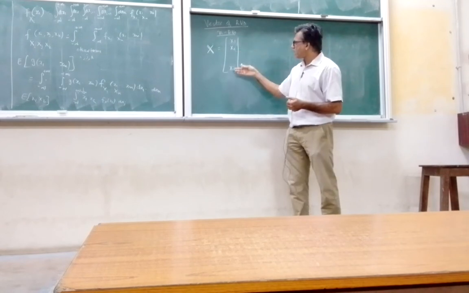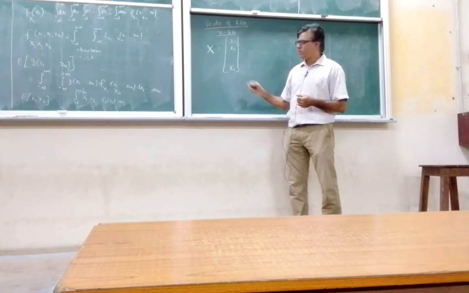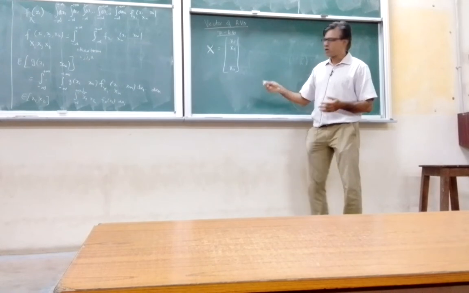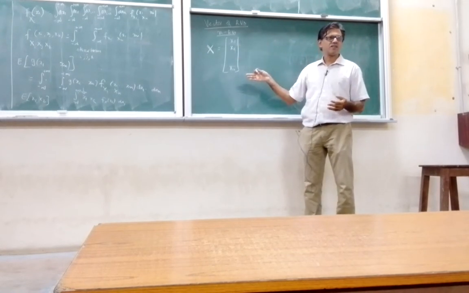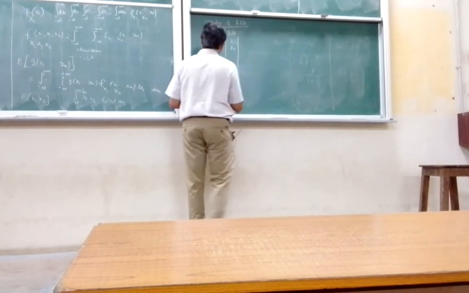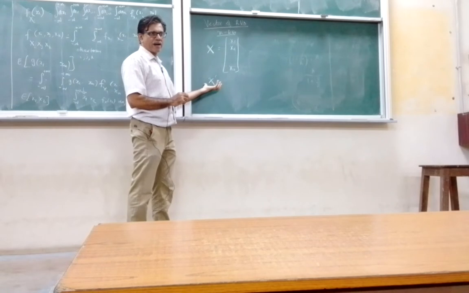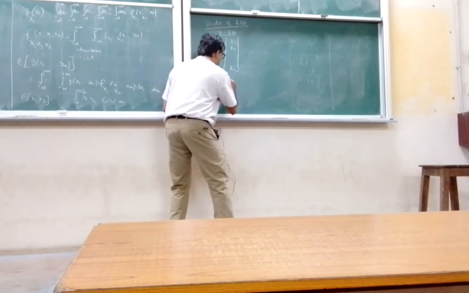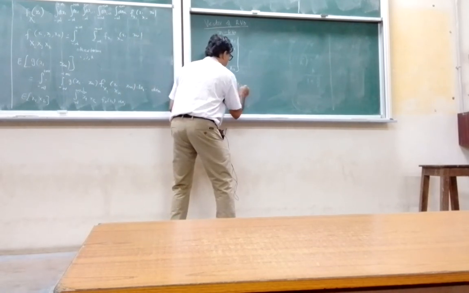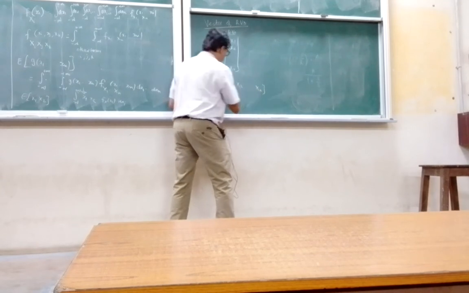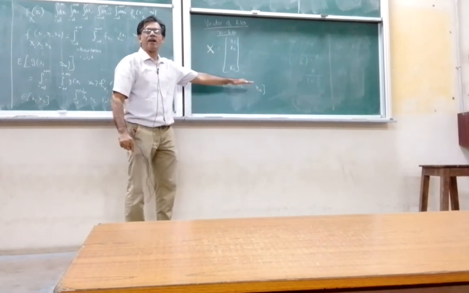So a random vector is nothing but a column vector of random variables which are involved. Although we can write it like this, when we write it in text it will occupy a lot of space. So we will use this notation: the transpose of a random vector will have this form. It is easy to write because it fits in one line.